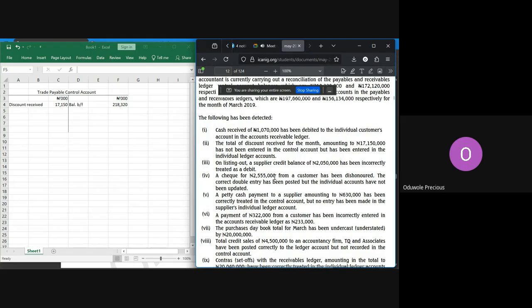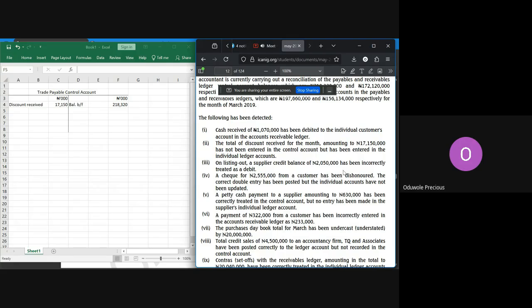So the next is at listing out the supplier's credit balance of 2,050,000 has been incorrectly treated as debit. It has been incorrectly treated as what? As debit.